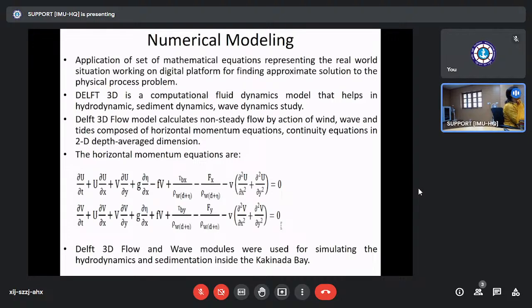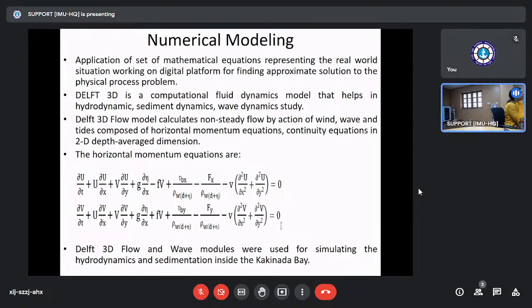Once the quantification of shoreline changes was done, numerical modeling was done for simulating the hydrodynamics and sedimentation inside the bay using the Delft3D model. Numerical modeling is basically the application of a set of mathematical equations which perform the digital analysis of a physical process and give a solution of how it is happening.